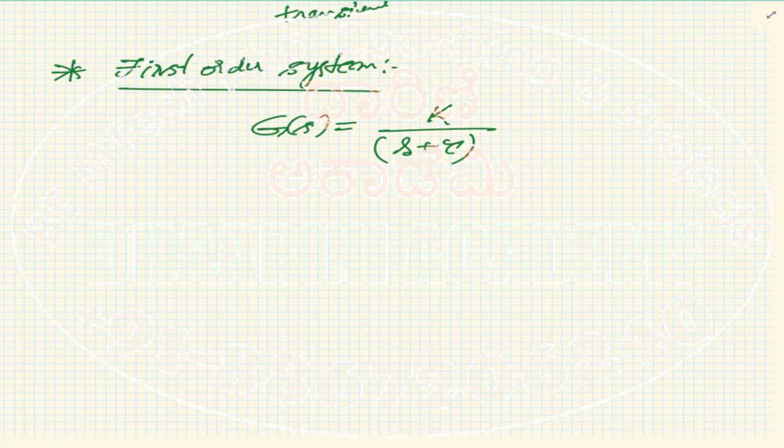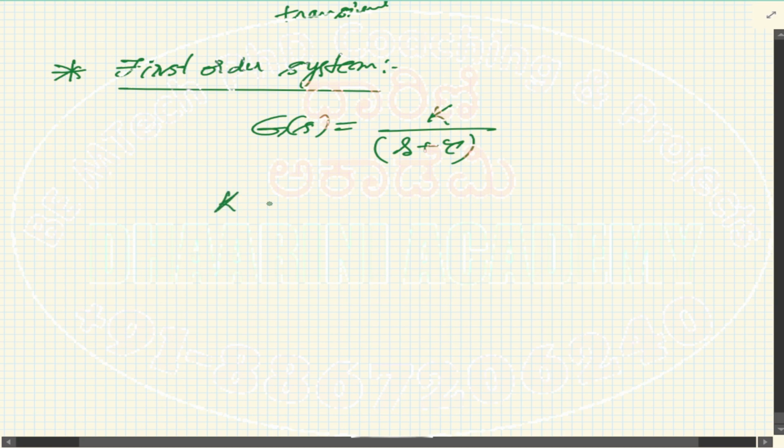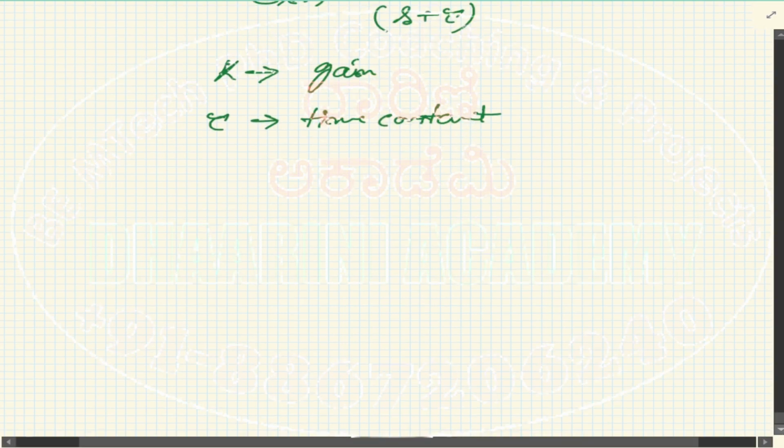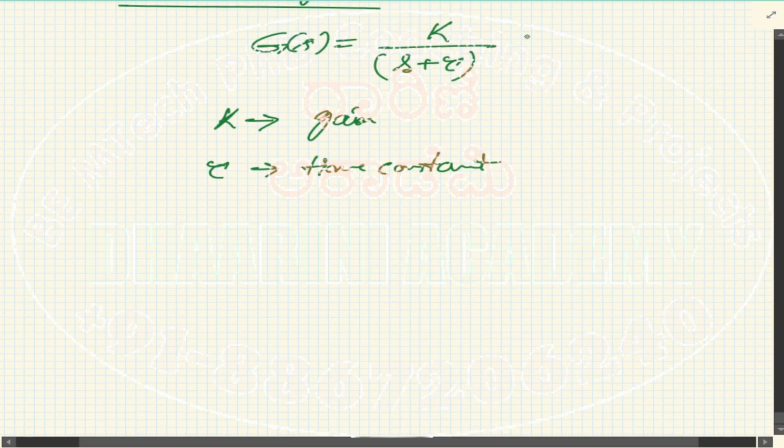Here the k is called the gain of the system, and the tau is referred to as the time constant of the system. Now, let's not solve any problem over here, but just to understand why this is called the system's time constant, we can try to understand it by calculating an output.